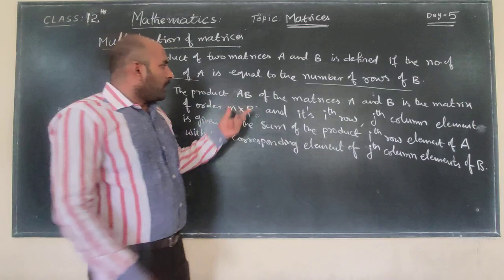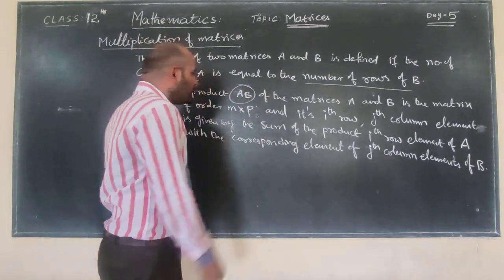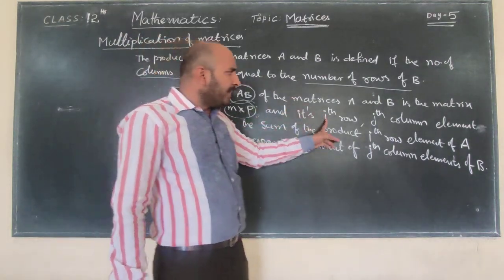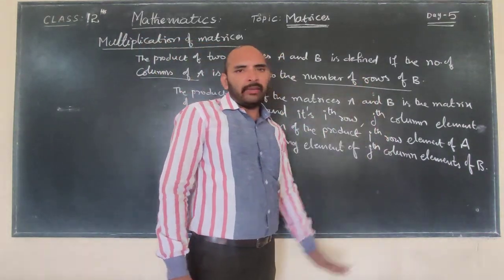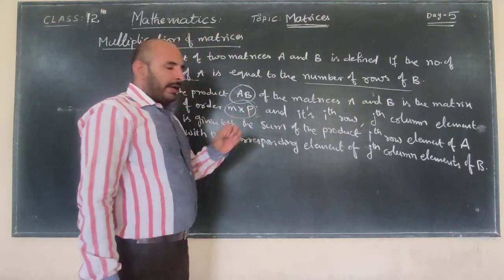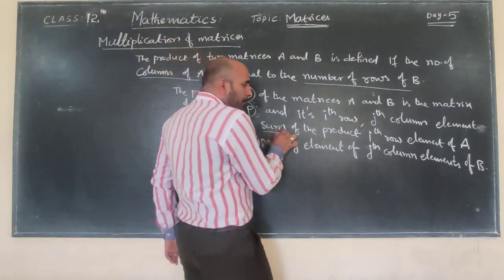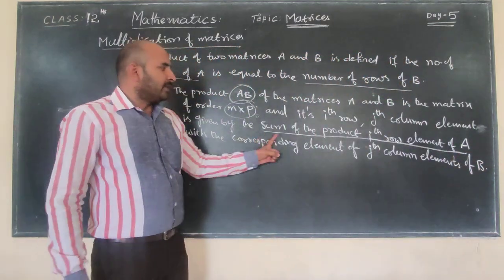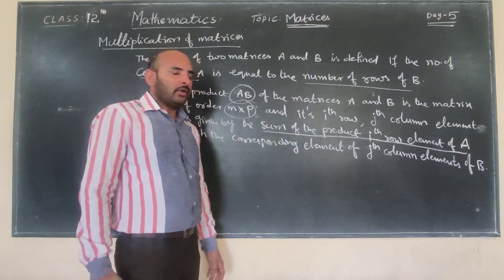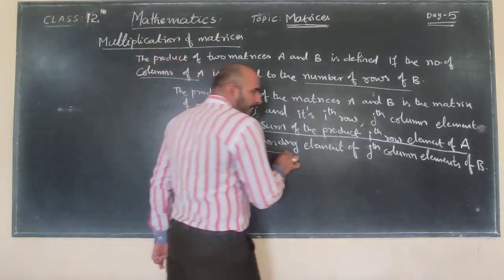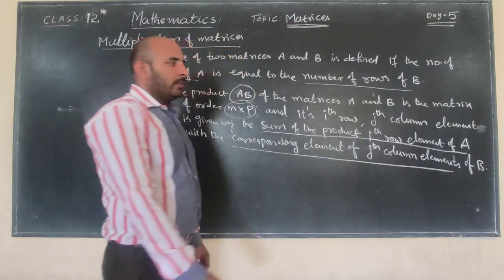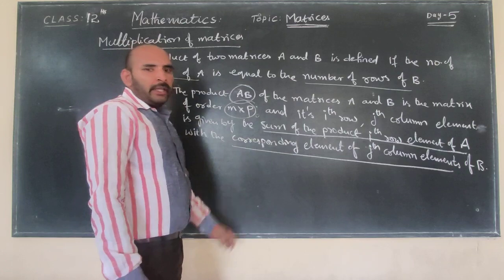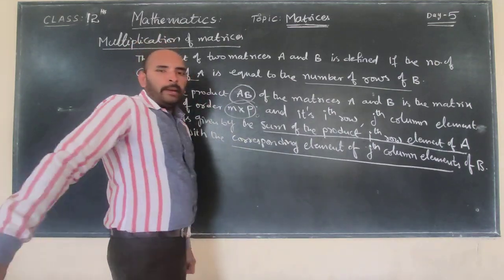The product has order m cross p, and its ith row, jth column element is given by the sum of the products of the ith row elements of A with the corresponding jth column elements of B. It is called the product of the matrices.